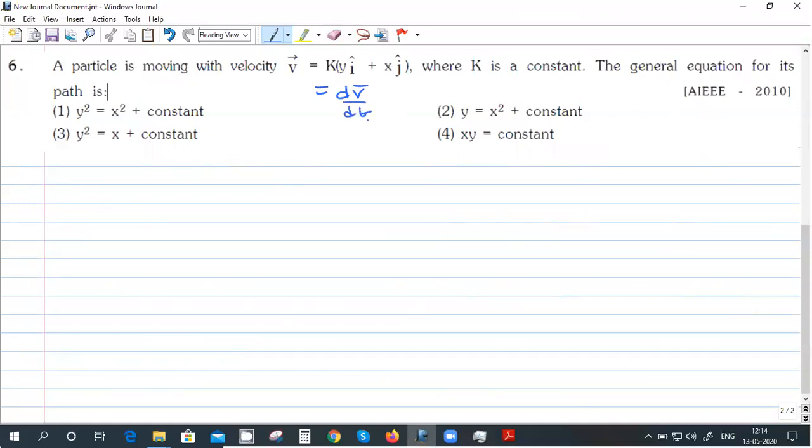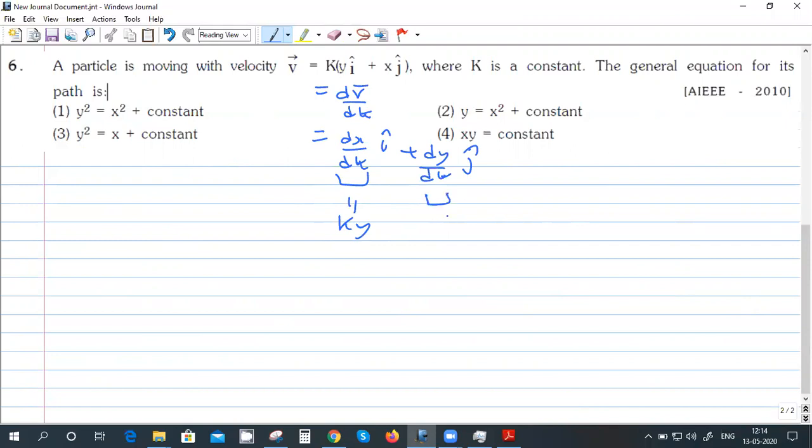This is basic stuff, applicable to any situation. That is dx by dt i cap plus dy by dt j cap. So from this you get dx by dt as k into y and dy by dt as k into x. We have to find the path, so first we differentiate and then we integrate, right?